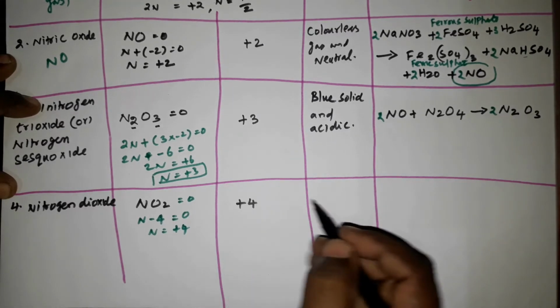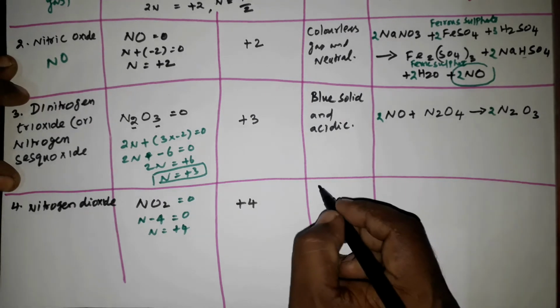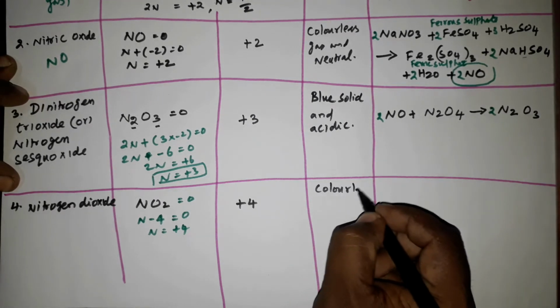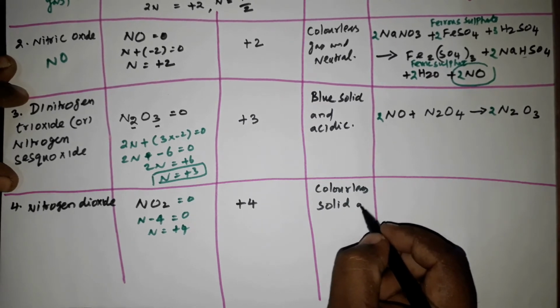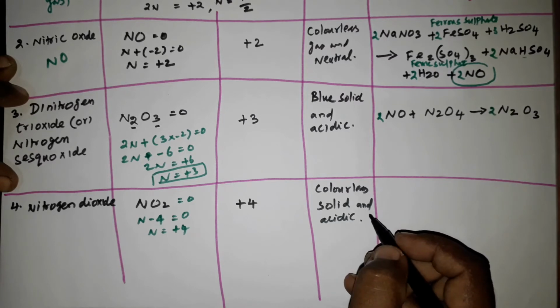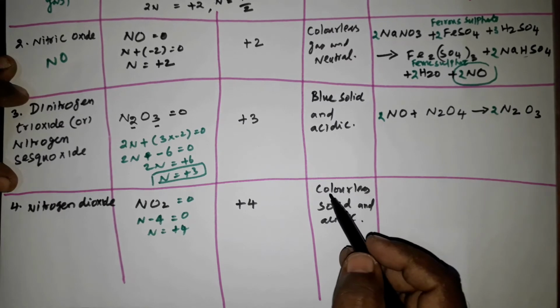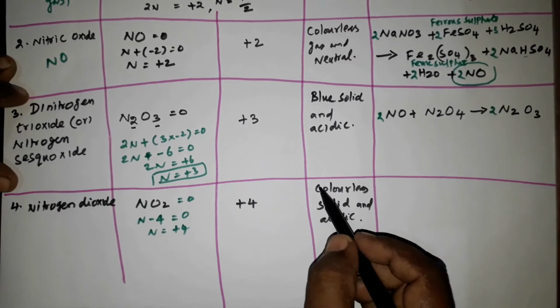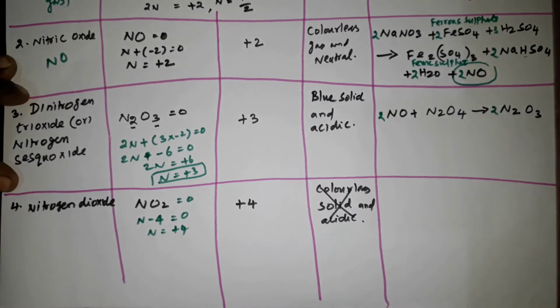Okay. Then the physical properties, that is colorless solid, and it is acidic. Sorry, it is not colorless. Nitrogen dioxide is actually a brown color gas. Sorry, my mistake.